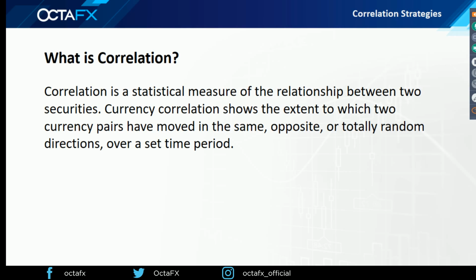So first of all, let's talk about what is correlation. Correlation is simply a statistical measure of the relationship between security pairs. Currency correlation shows the extent to which two currency pairs have moved in the same, opposite, or totally random directions over a set time period.